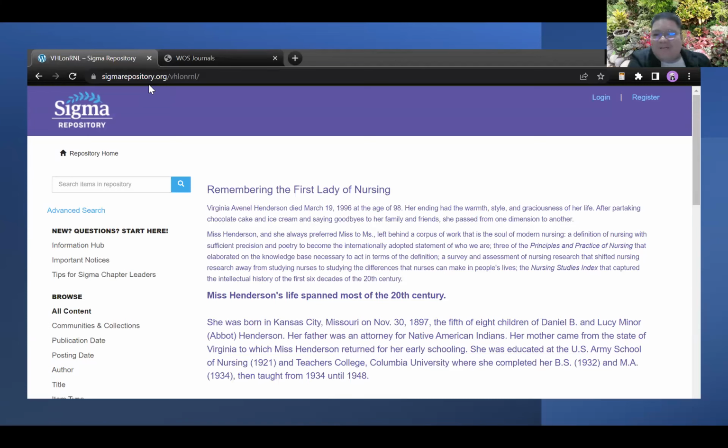Ilang needs daw according kay Henderson? Yes, the 14 basic needs. Okay? The 14 basic needs. And other than that class, Virginia Henderson is also famous for her definition of nursing. That's covered in your TFN, please try to look into the definition of nursing by Virginia Henderson.